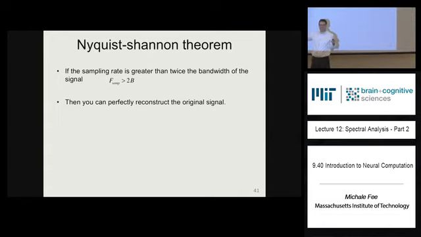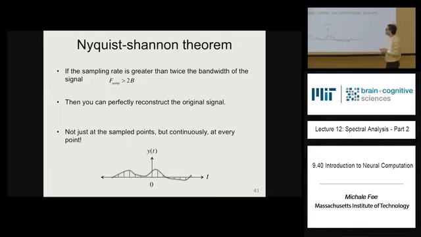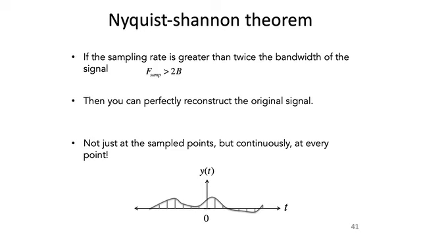What this is saying is that I can sample that signal at regular intervals and completely ignore what's happening between those samples, have no knowledge of what's happening between those samples, and I can perfectly reconstruct the signal I'm sampling. Okay? At every time point, even though I didn't look there.